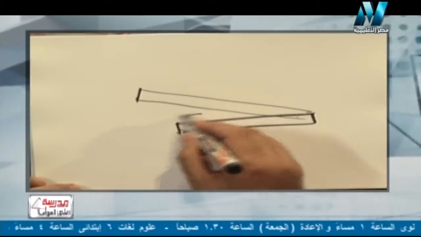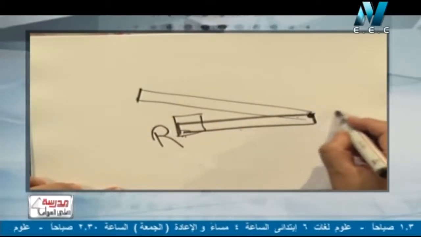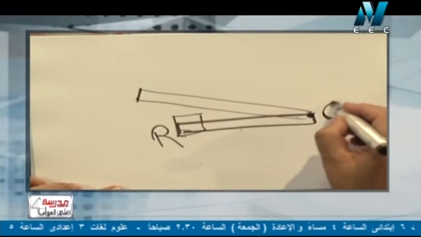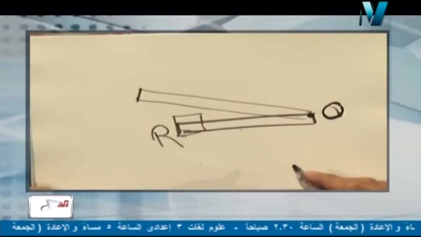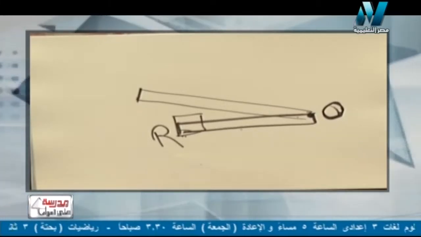Here is the place of paper, so it will be the resistance force. Here is the fulcrum, the place of rotation, مكان الارتكاز. And here is the effort force.